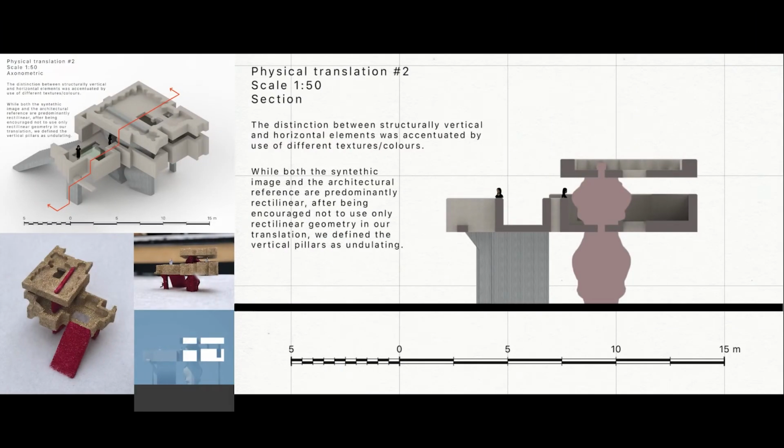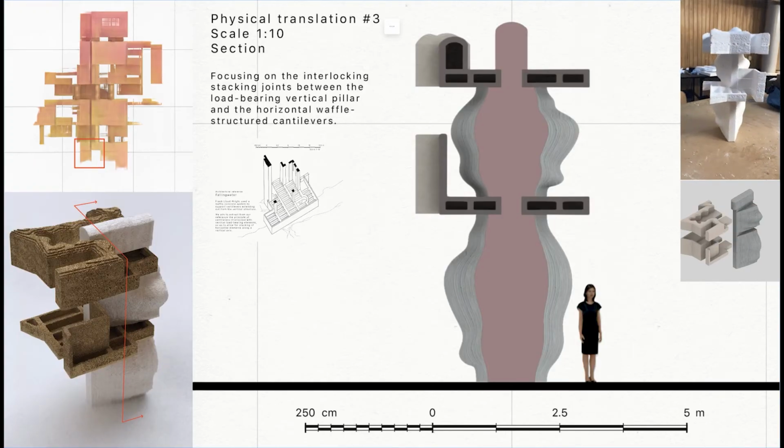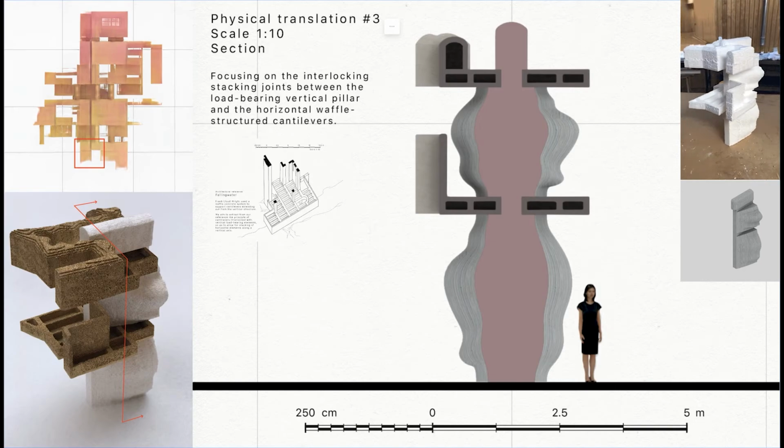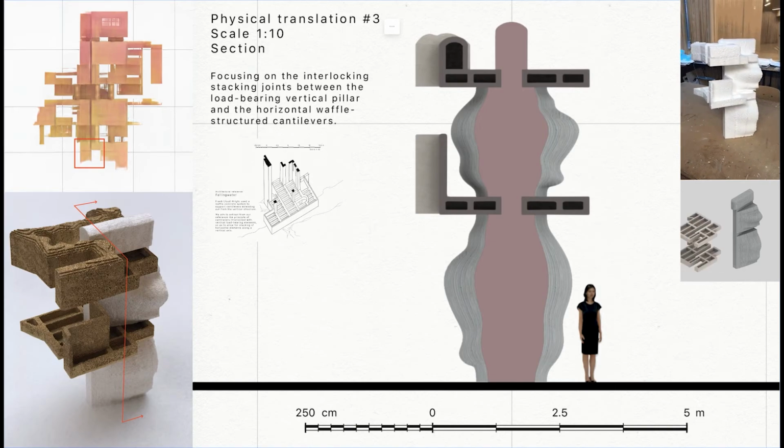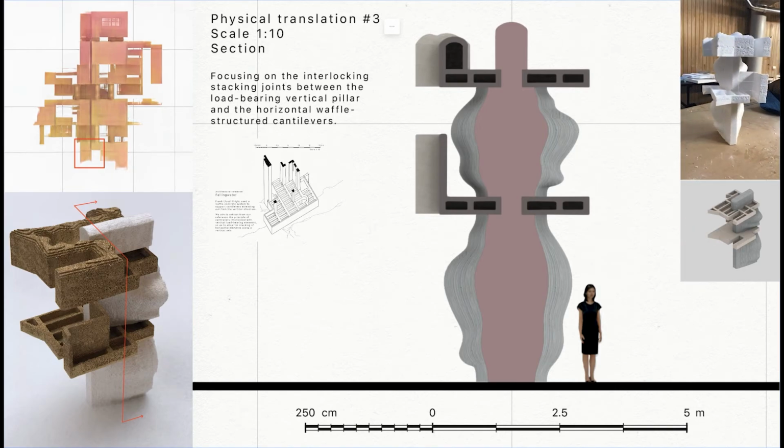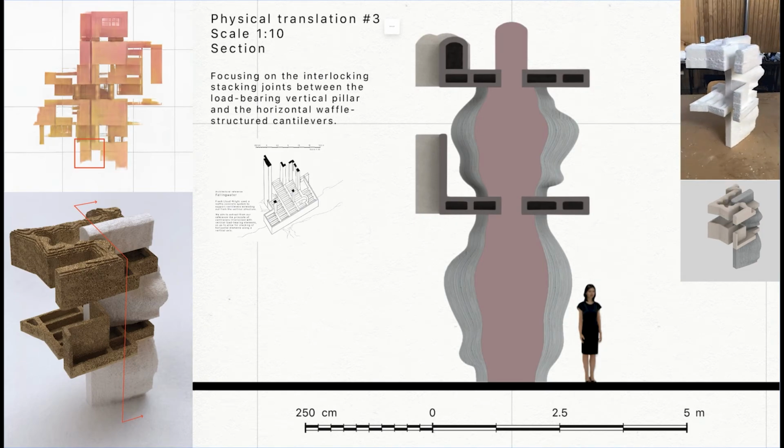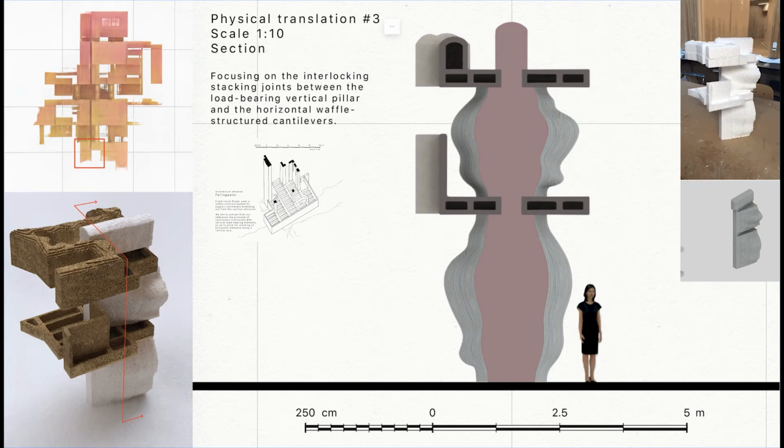We wanted to emulate this distinctiveness of Falling Water's horizontal and vertical elements and experimented with an undulating geometry for the main vertical pillar, so as to make it more alluding to the organic shape of a cliff or boulder. For the 1 to 10 physical translation, we focused on the area with the interlocking stacking joints between the load-bearing vertical pillar and the horizontal waffle-structured cantilevers.